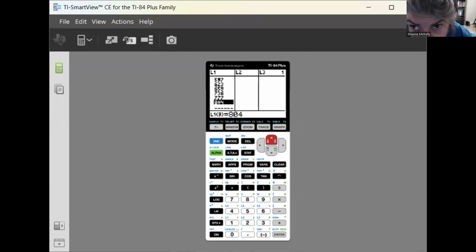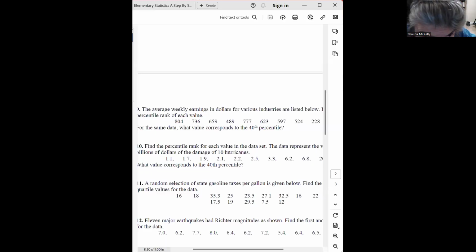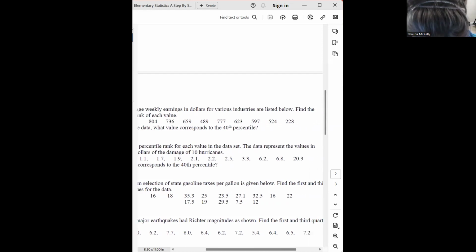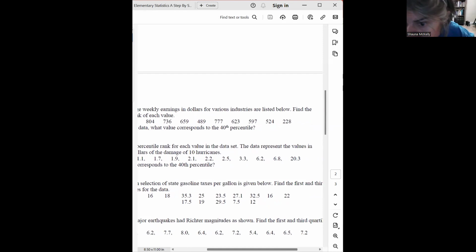Let me make sure that that's actually accurate. So let's go back to the homework, make sure I didn't miss anything. So there's 1, 2, 3, 4, 5, 6, 7, 8, 9 values. Let me make sure that I didn't miss any, but I don't believe so. 228, no, there are 9 values.